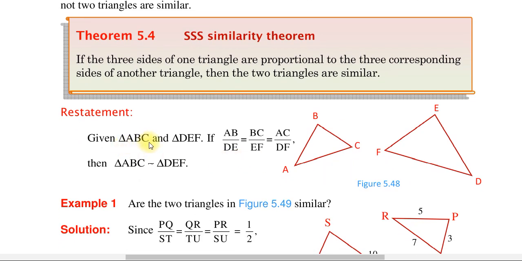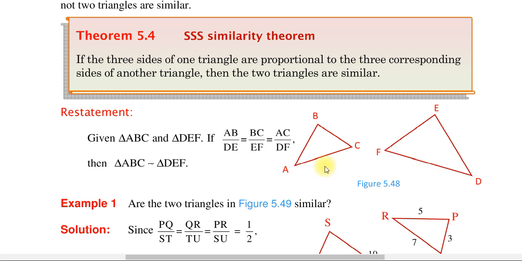Given triangle ABC and DEF, if AB over DE is equal to BC over EF, which is equal to AC over DF. Look እዚህ ላይ AB over DE and BC over EF, and AC over DF.